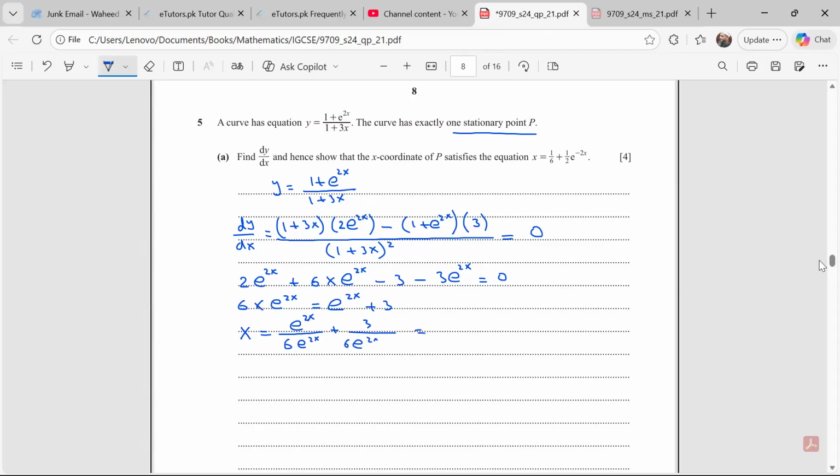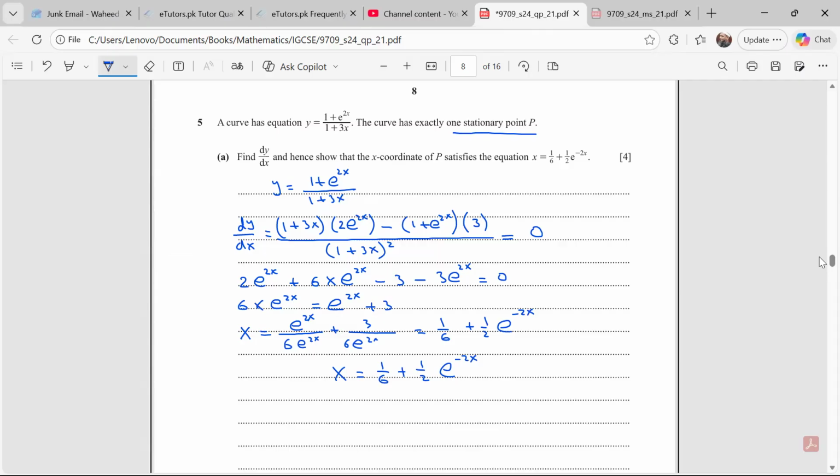So this is going to be 1 over 6 only, plus 3 over 6, which is 1 by 2, and if I take it up, it will become e to the power minus 2x. So in order to find the stationary point, I need to solve this equation: x equals 1 by 6 plus 1 by 2 e to the power minus 2x. So the x coordinate of this stationary point satisfies this equation.